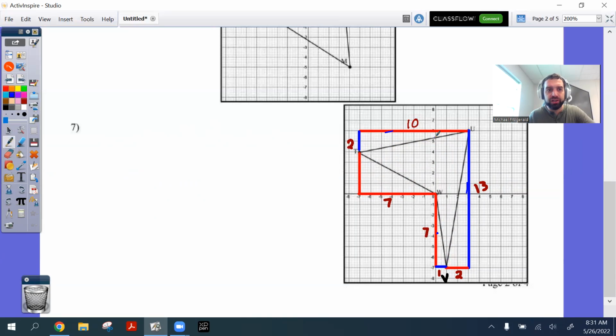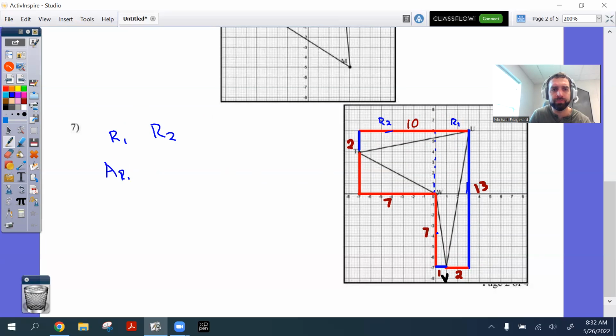Let me draw a dotted line. So we have rectangle 1, I'll call it that, and rectangle 2. Let's call this R2, let's call this R1. Rectangle 1, well, area is just length times width. We have a width of 1 plus 2, which is 3, that's the shorter side. A width of 3, a length of 13.